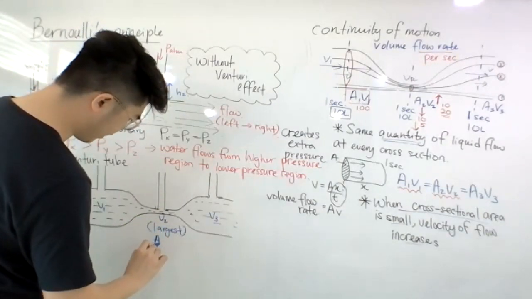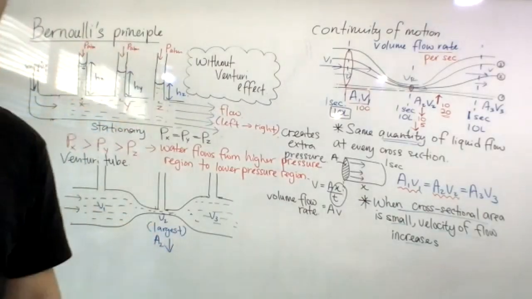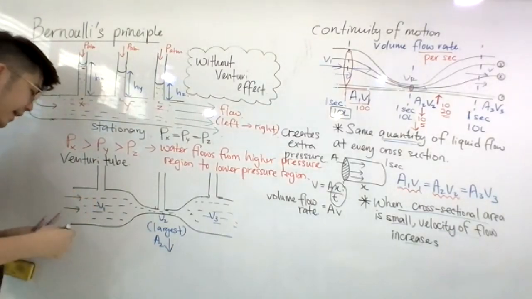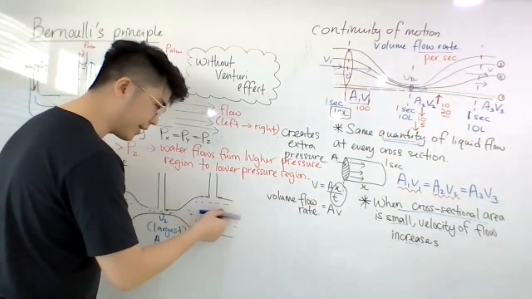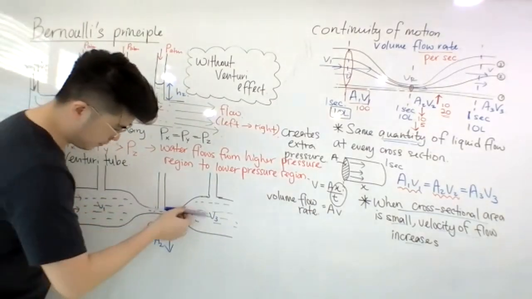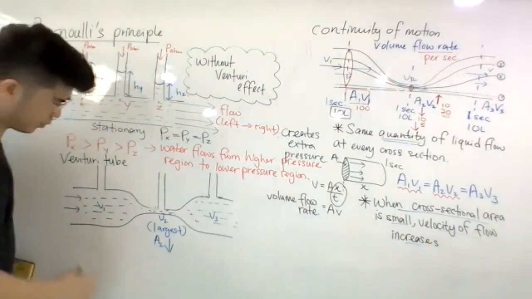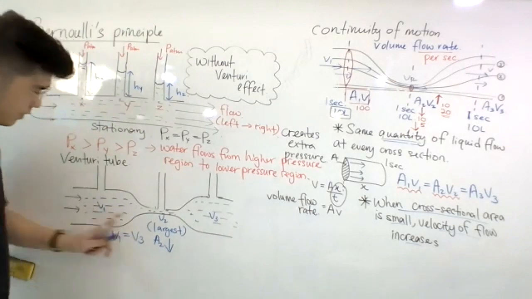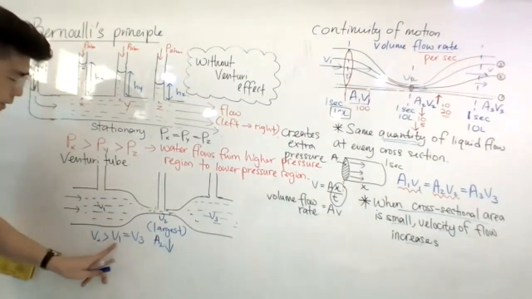That means the speed of the flow, at first it flows steady at a certain speed, and then suddenly increases, and then comes out from here, it flows steady again. The speed here must be the same as this one here. V1 equals V3. But V2 is larger than this one and this one.